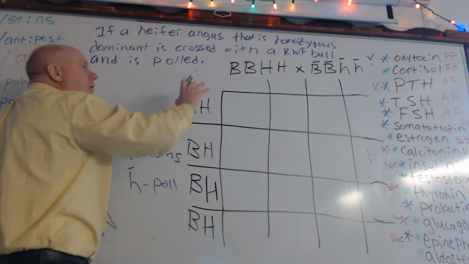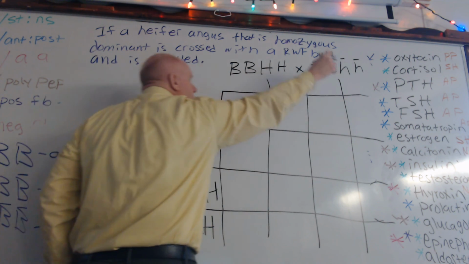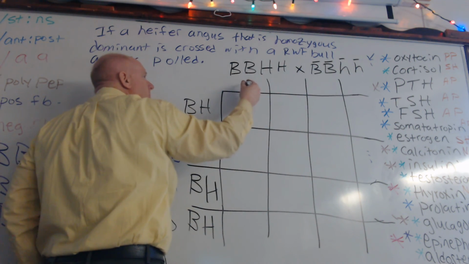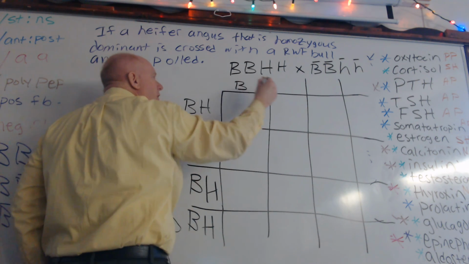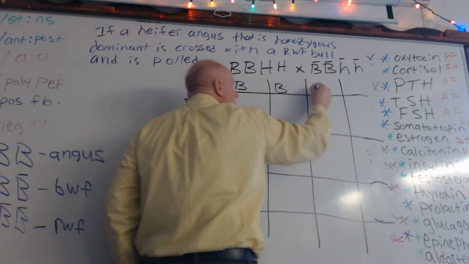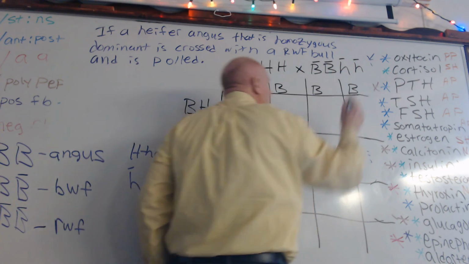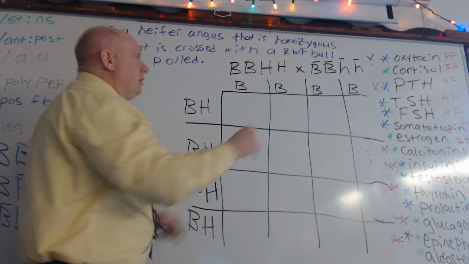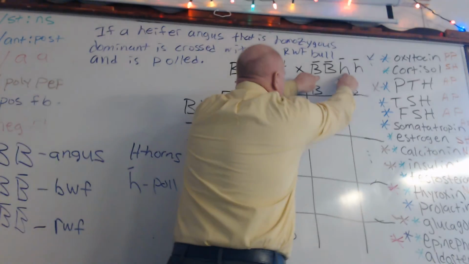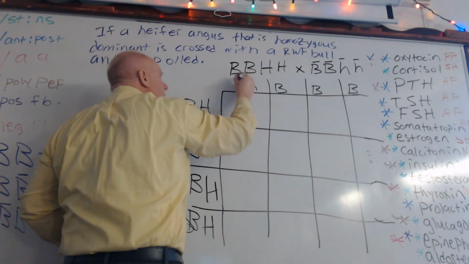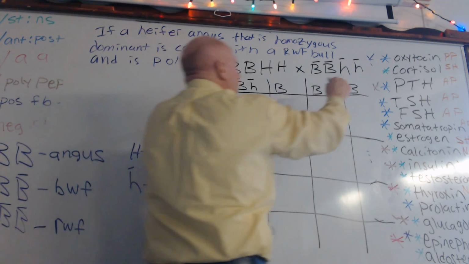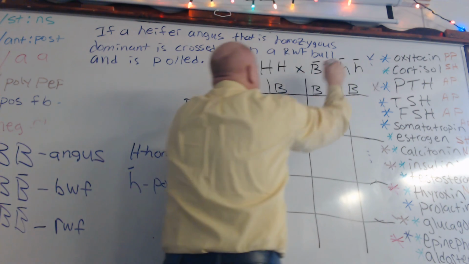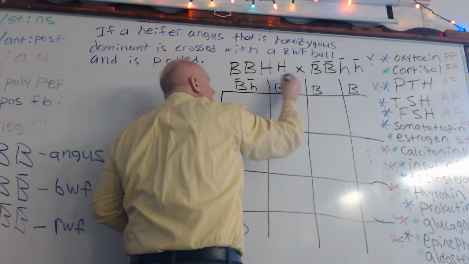Okay, now going across the top, what do we notice? We already know that these are going to be B's. Okay, so here's your first one, B with a line, lowercase h. What's your outside? B with a line, lowercase h.